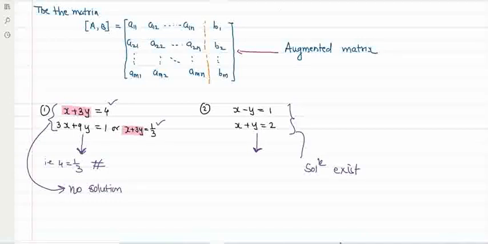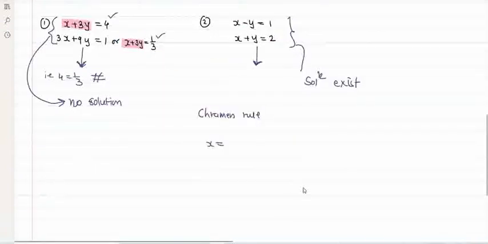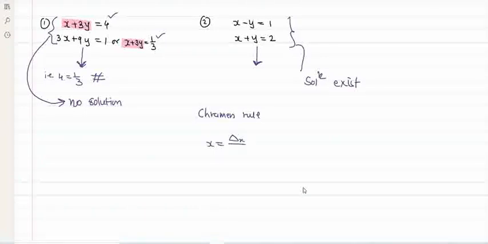I think you have studied Cramer's rule. I will write the formula. While finding x, you are writing delta x upon delta, something like that, correct? Yes, sir. And y is equal to delta y upon delta. So when solution does not exist, what is the condition?